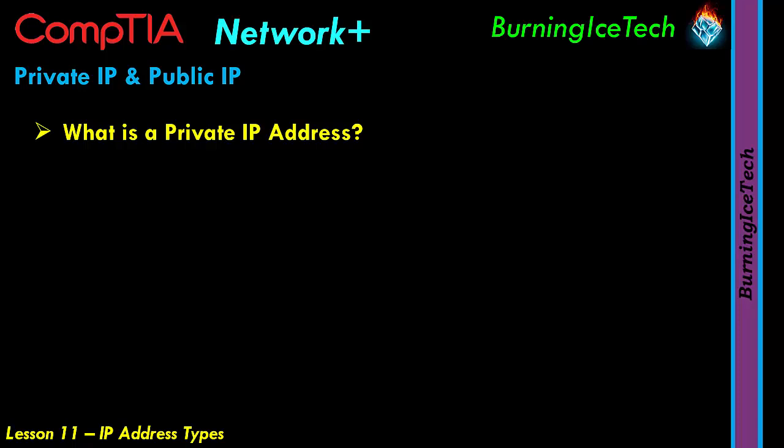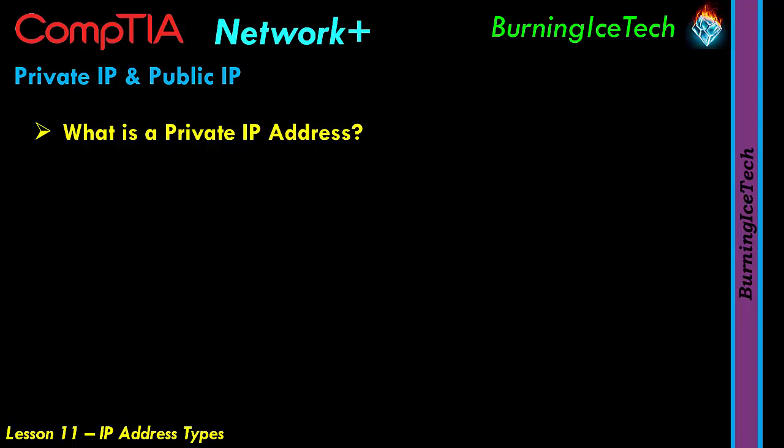So as long as you are inside your home, your residence, or inside your office building, you have a private IP address. It does not matter whether you or someone manually assigned that IP address, in other words, a static IP like we discussed previously, or whether you got it dynamically, in other words, automatically via DHCP inside the network. It doesn't matter whether it's static or dynamic, as long as it's inside your network, it's considered a private IP address.